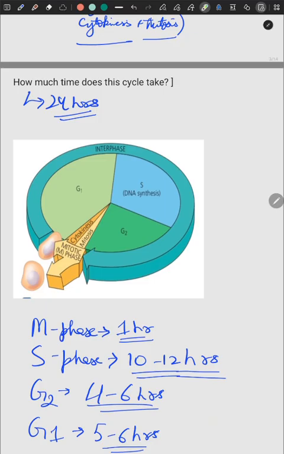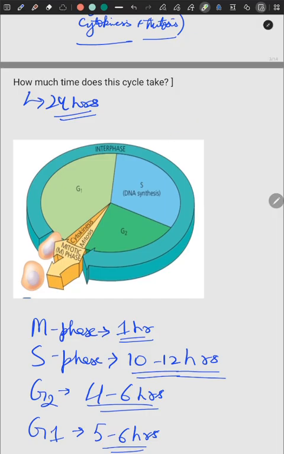So it's different. Sometimes the cell undergoes a phase which is known as the G naught phase. Here the cell does nothing, the division stops. It's not dividing here. Why?